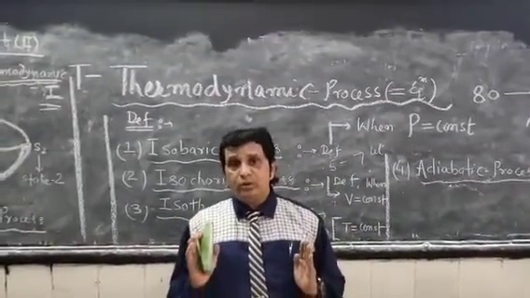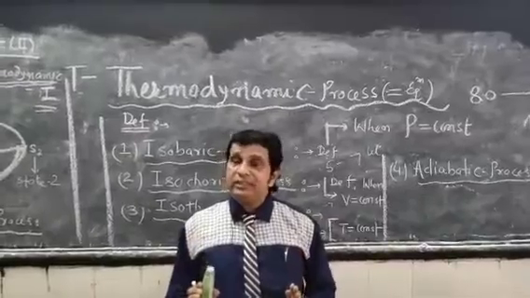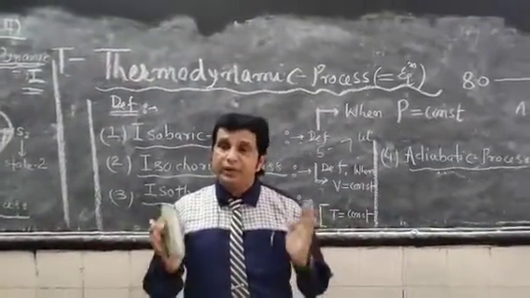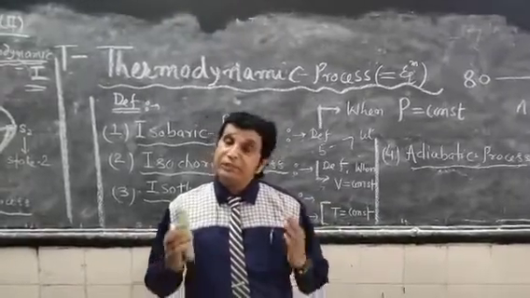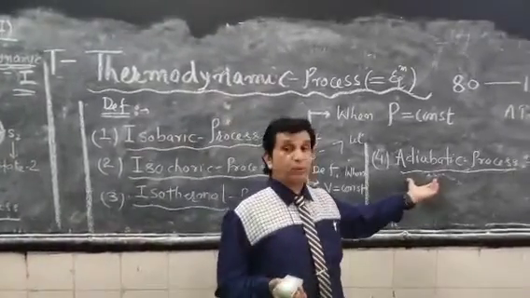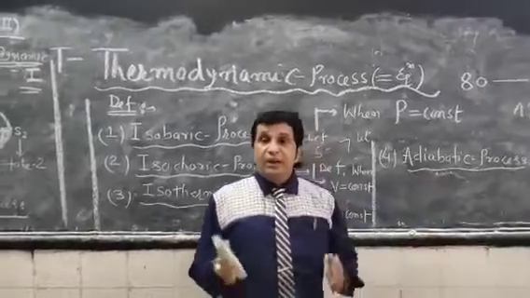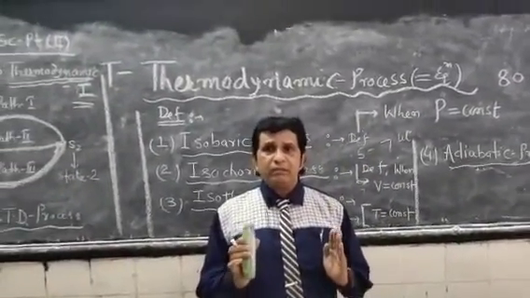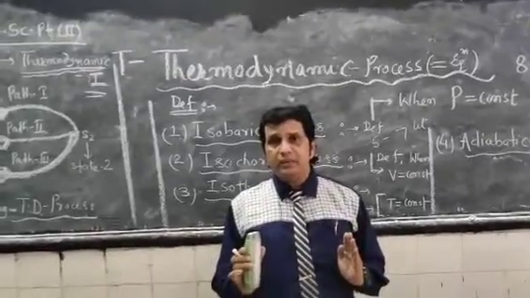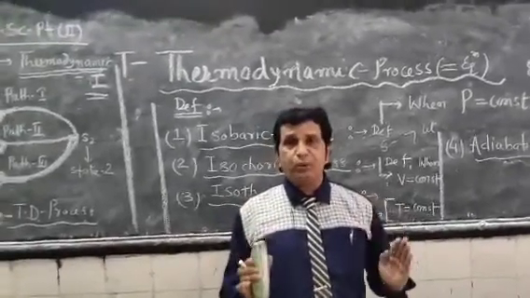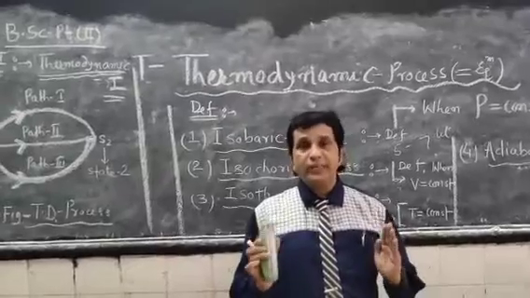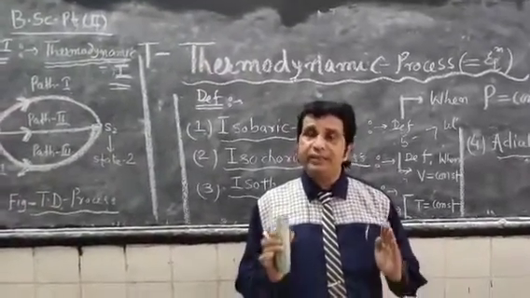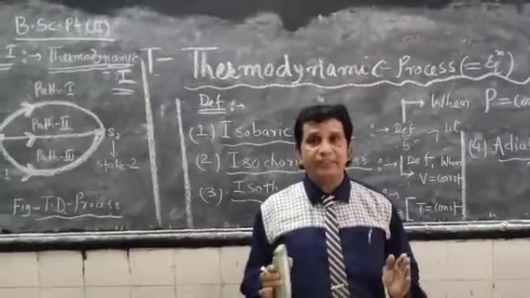I would like to ask one important question, dear students, to you: give me one important example which occurs in the adiabatic process. Students, generally thermodynamics, in its various processes, is beneficial to explain the various activities of our life.